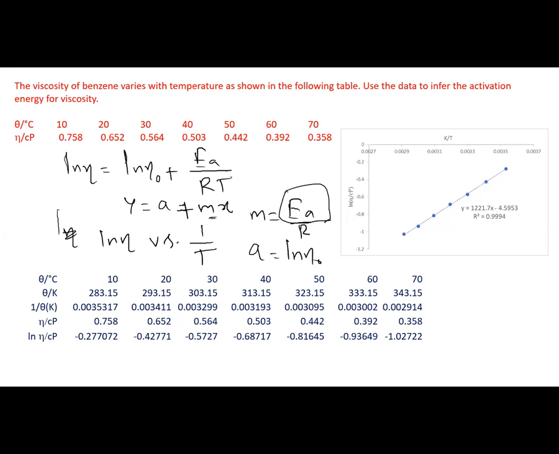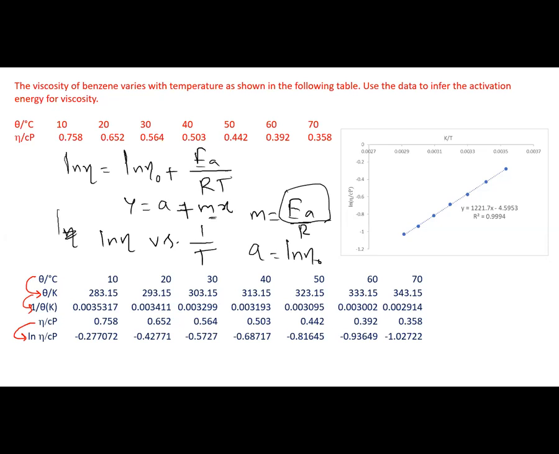So I considered these values given in the question. I converted the Celsius to Kelvin and Kelvin to 1 over K, because we have to plot 1 over T and not the temperature. And the same way, I took the values for eta and then converted them to ln of viscosity.